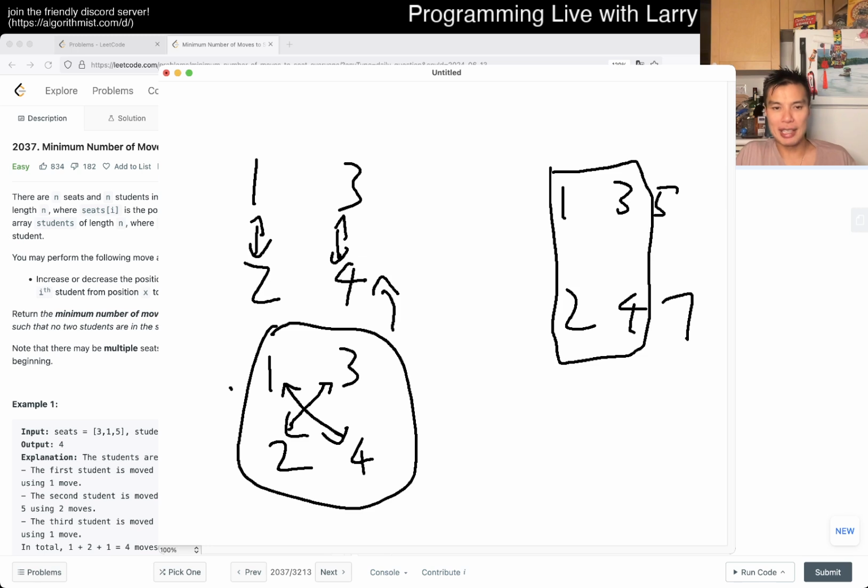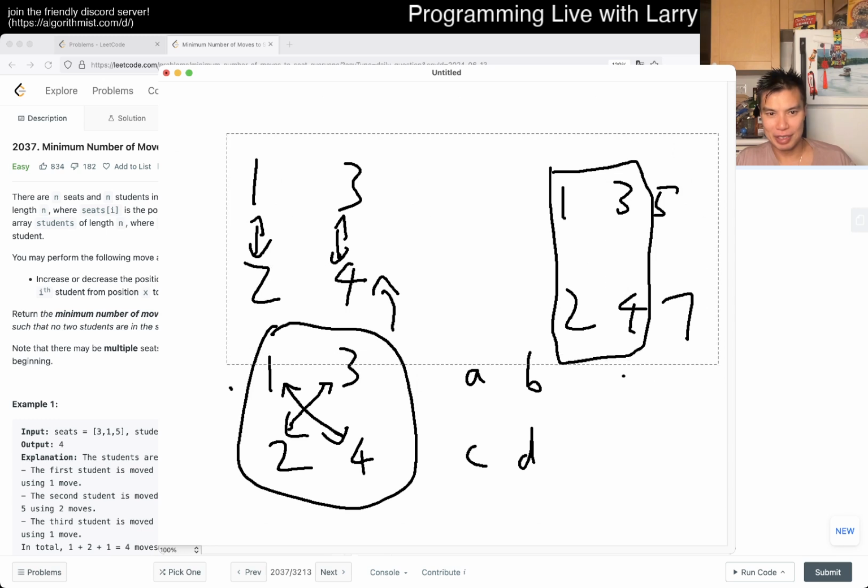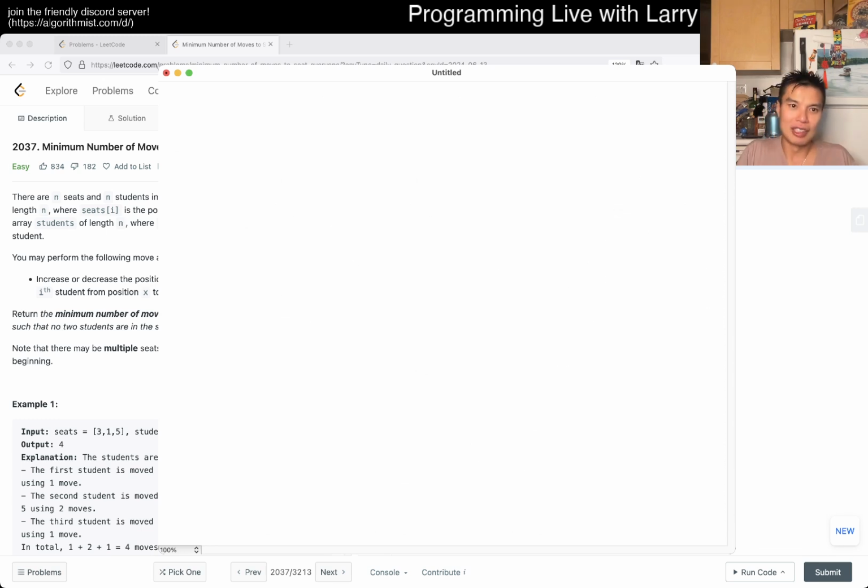okay, well, let's actually rewrite this as A, B, C, D, right? Let me erase everything. So basically, in a more general form, you could have A, B, C, D. And of course you have that because they're sorted. And let's just, without loss of generality, say A is strictly less than B and C is strictly less than D, right?